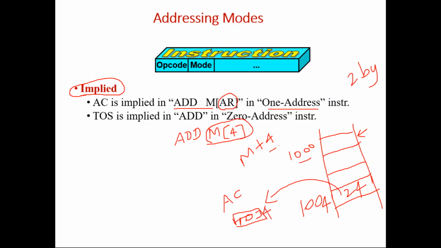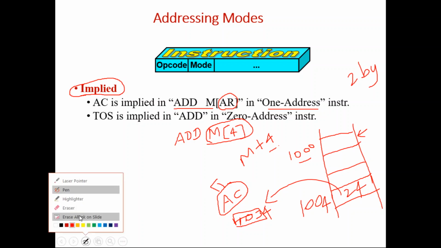So why are we calling this implied addressing? Because here accumulator is implied. In the instruction, are we specifying directly the name of accumulator anywhere? No. So this is called implied addressing mode. The name accumulator is implied, it is understood, right?